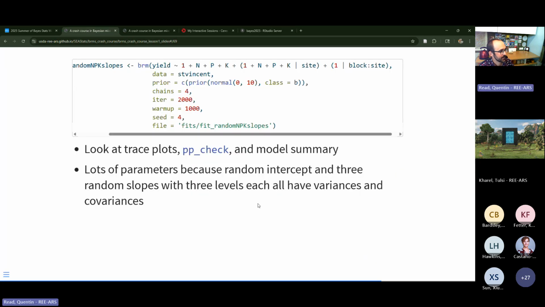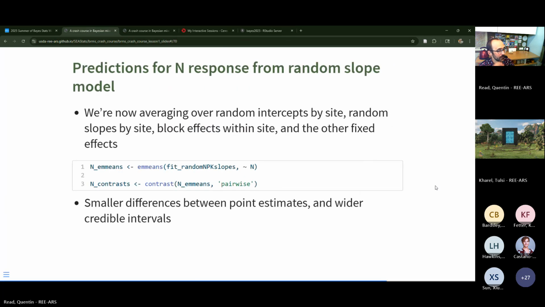Let's see, what did I want to say about that? In a minute, we'll look at whether adding this extra complexity to the model made it a better model or not, whether it fits the data better. But before we do that, let's look at the predictions we can make.